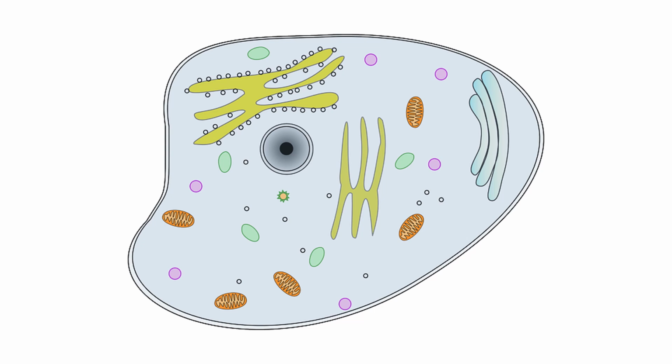What's the function of the nucleus? What is the function of the nucleolus? What does a ribosome do? Mitochondria, the Golgi apparatus, rough and smooth endoplasmic reticulum, centrioles, cytoplasm, and the cell membrane.